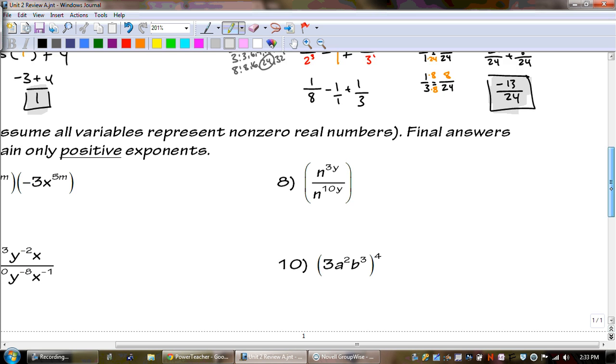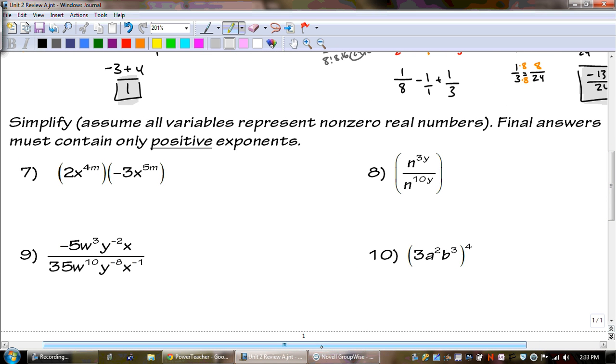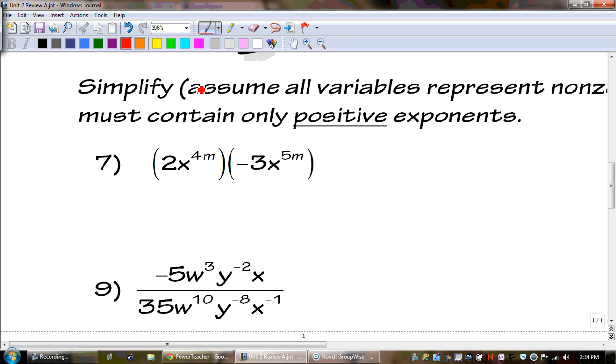Okay, next part. Reading the directions, it says to simplify. Assume all variables represent non-zero real numbers, and our final answers must contain only positive exponents. All right. So when we have 2 parentheses, remember that that's multiplication.